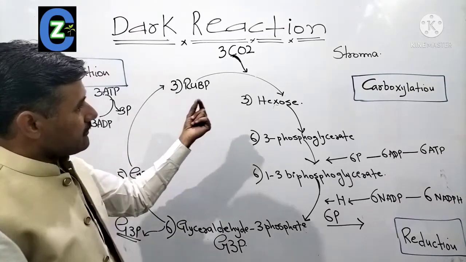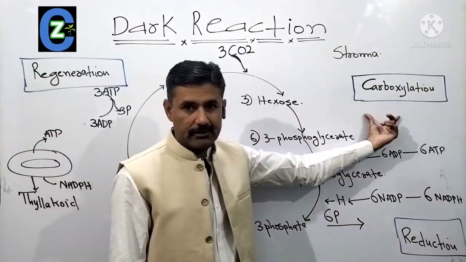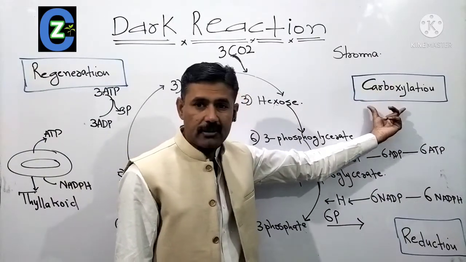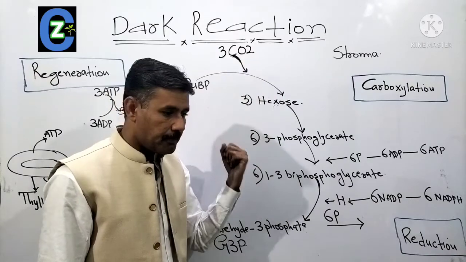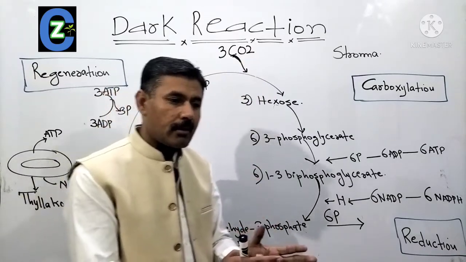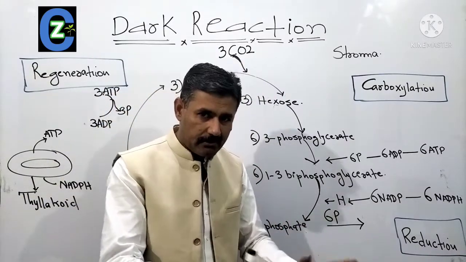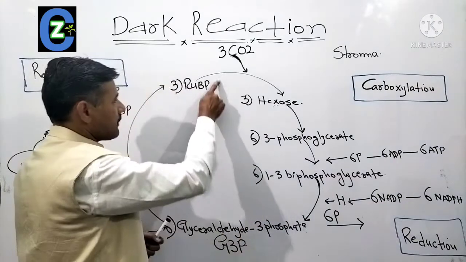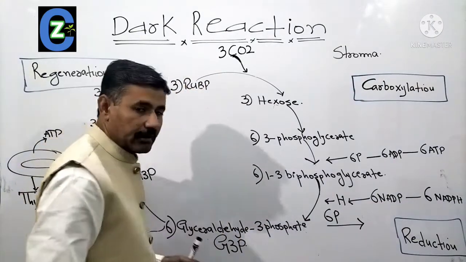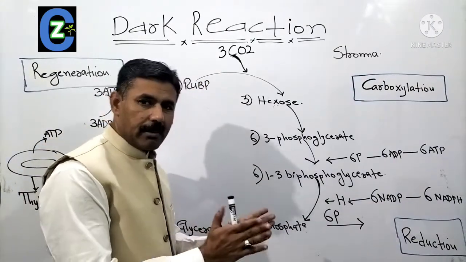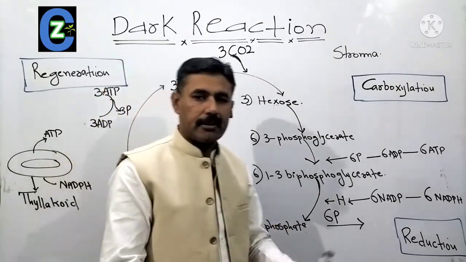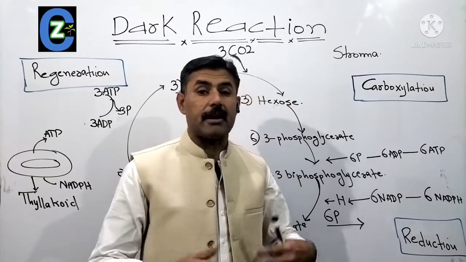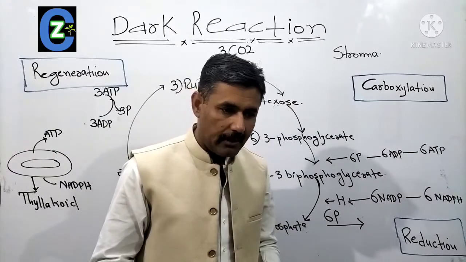Starting from the first phase, called carboxylation, it is a phase where fixation of carbon dioxide will take place. In the stroma, there is a precursor molecule present called ribulose 1,5 bisphosphate. It is already present in the stroma, and it has the ability to react with carbon dioxide with the help of an enzyme called RuBisCO.